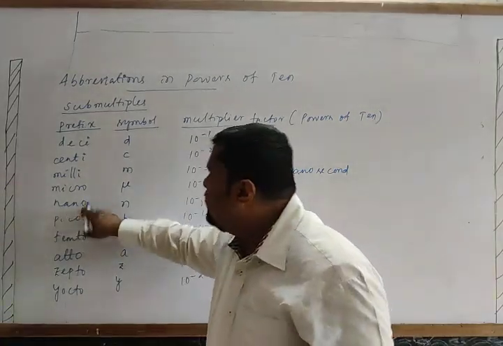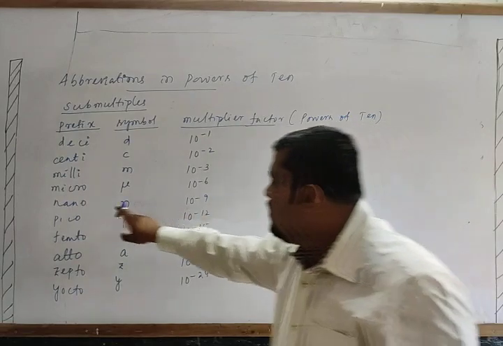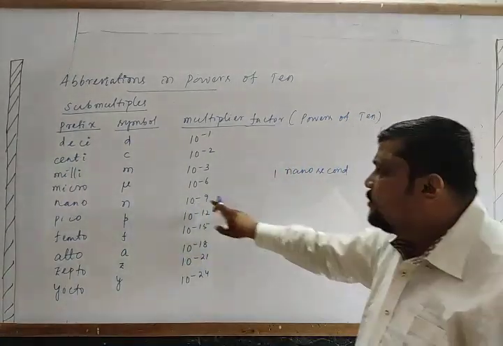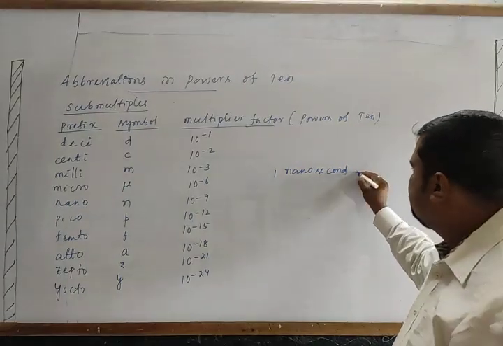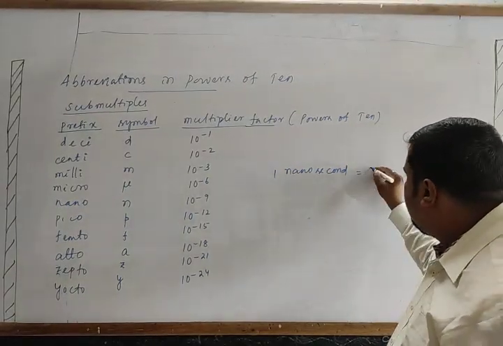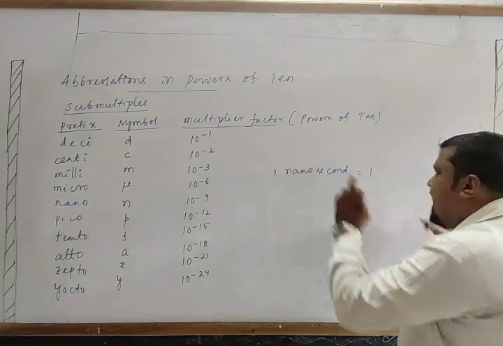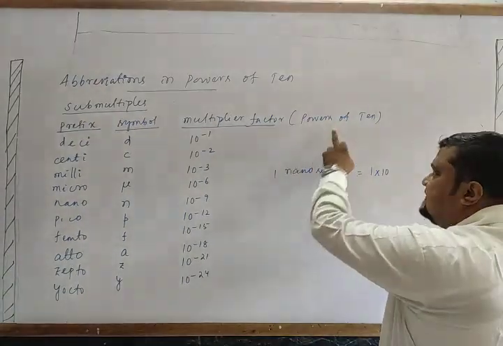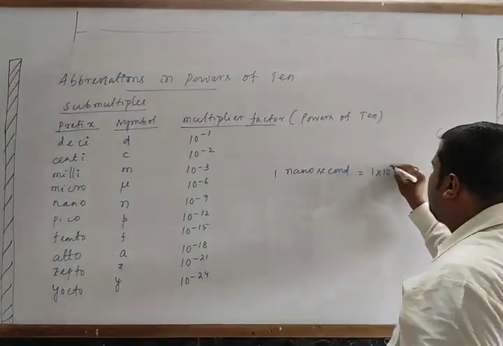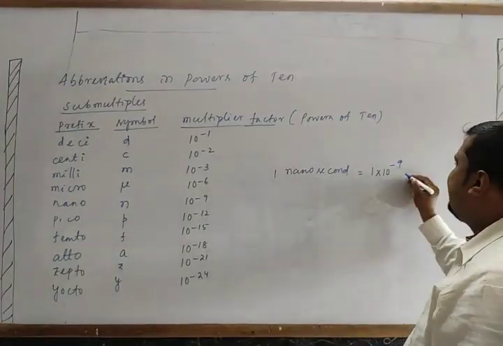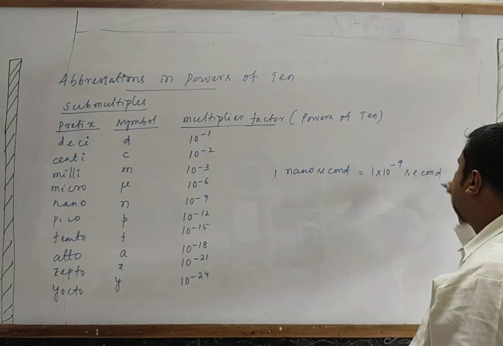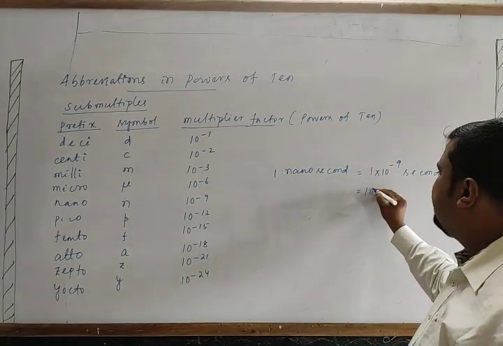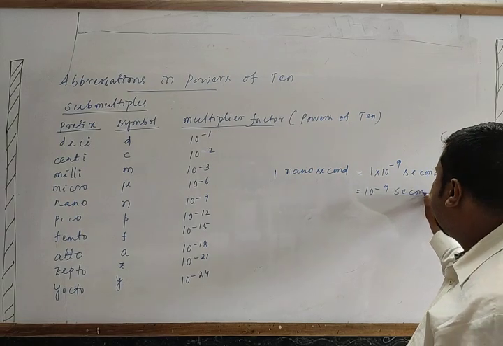For this nano, I am using a multiplying factor, a power of 10. So in place of nano, I will put the numerical value, that is the power of 10. What is that? 10 to the power minus 9. And s is second. So 1 nanosecond equals 10 to the power minus 9 second.